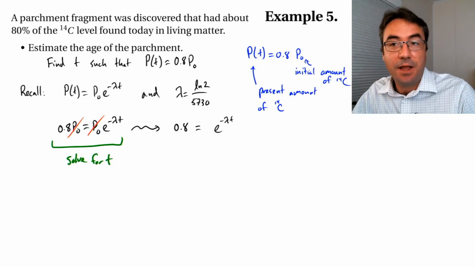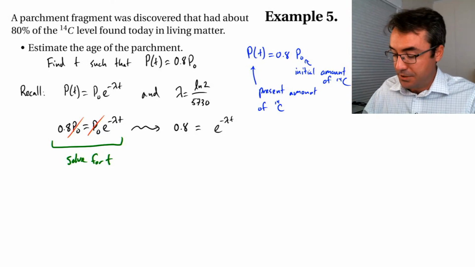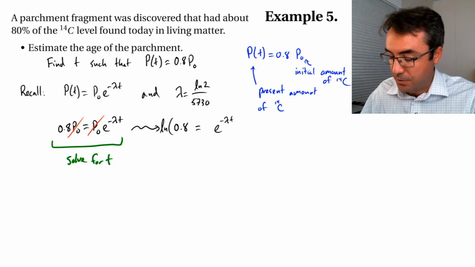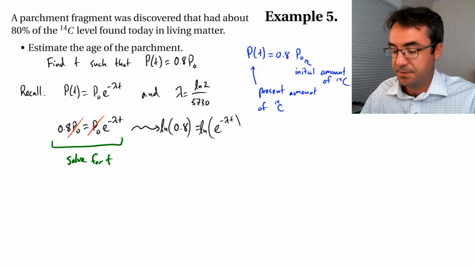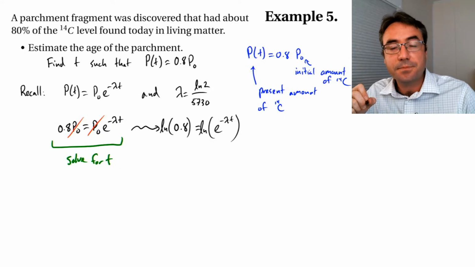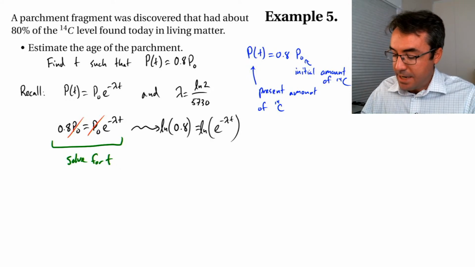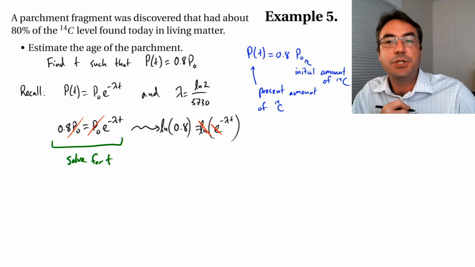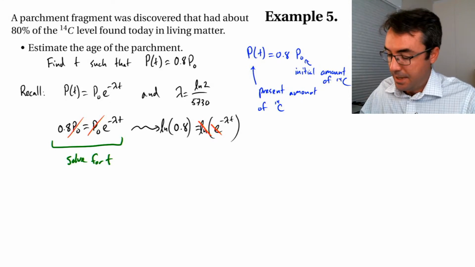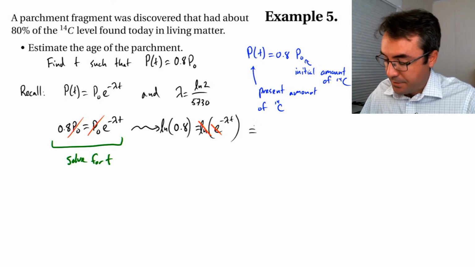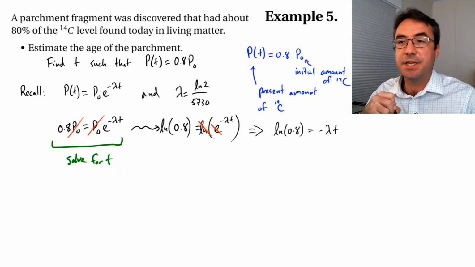Now we want to cancel off that exponential. So just like before, we apply the natural log to both sides. Natural log and e are inverse functions of each other, so they just cancel. And that leaves us with natural log of 0.8 is equal to negative lambda times t.